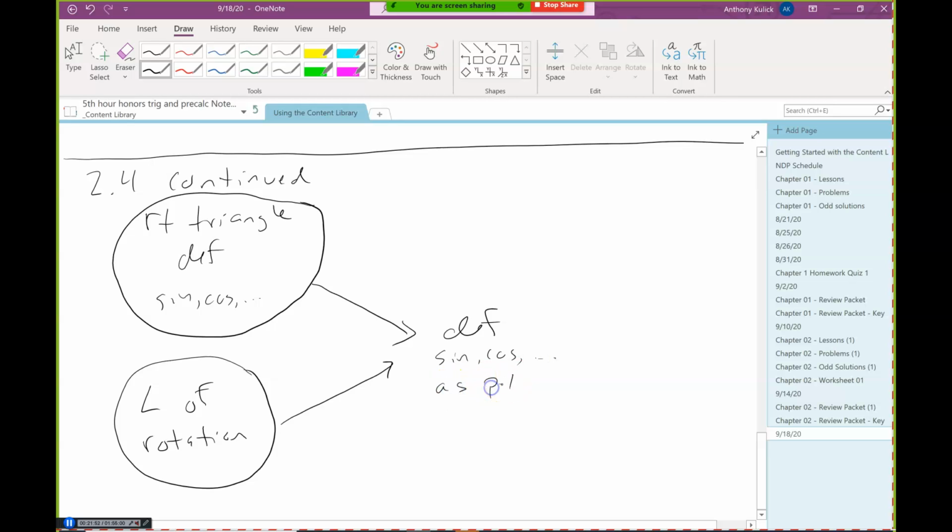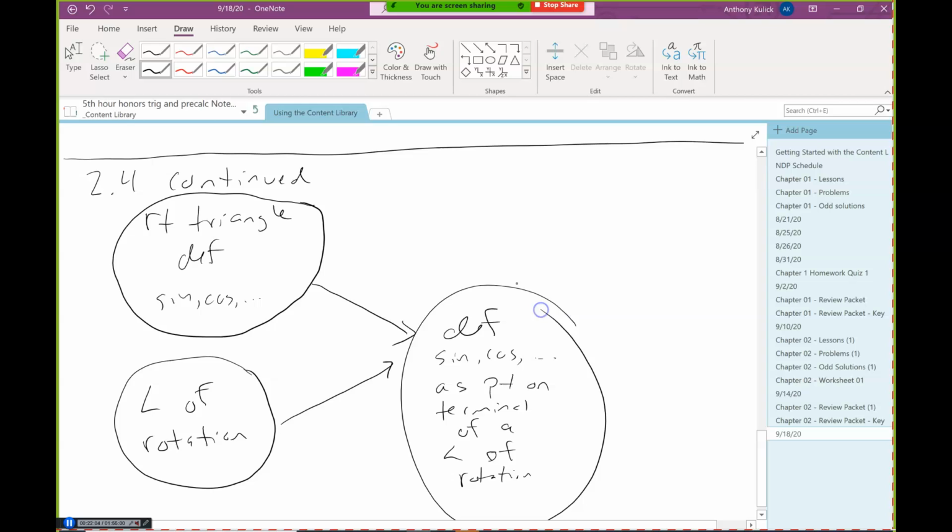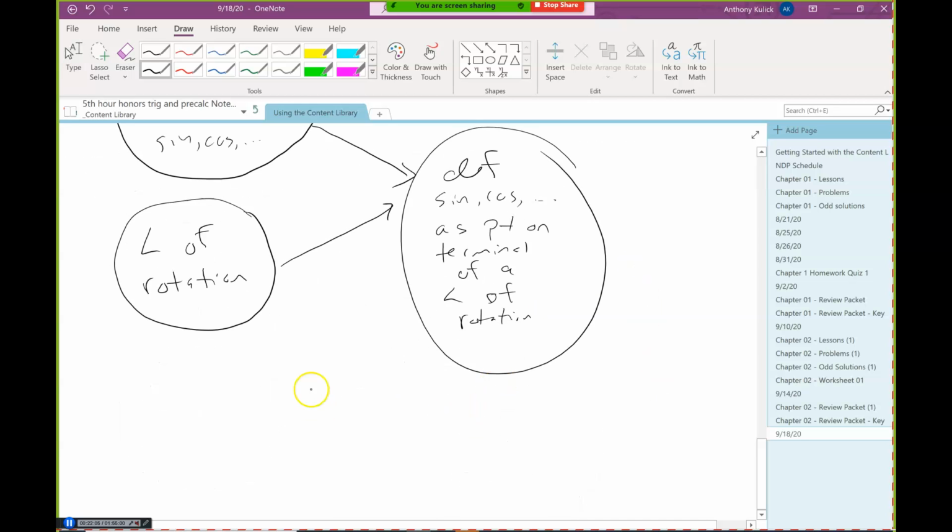What we did then is we combined these two ideas to define sine, cosine, and tangent, etc., using a point on the terminal side of an angle of rotation. So we had our initial side here, and then maybe this is our terminal side over here.